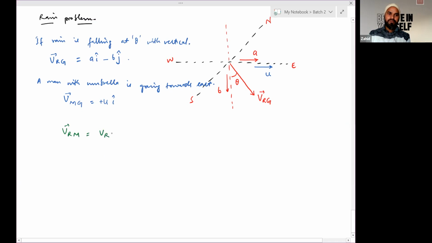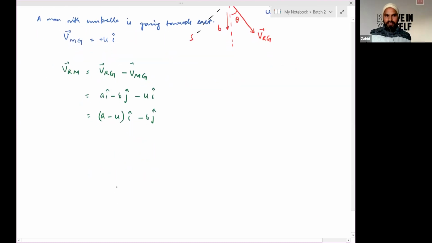It will be velocity of rain with respect to ground minus velocity of man with respect to ground. As we have A i cap minus B j cap minus U i cap, if you rearrange them, you will get (A minus U) i cap minus B times j cap.